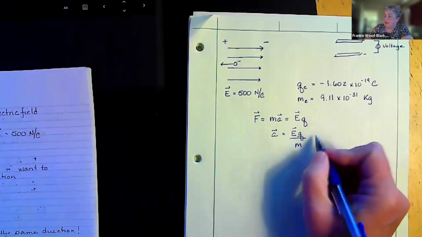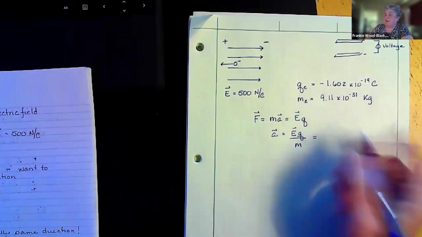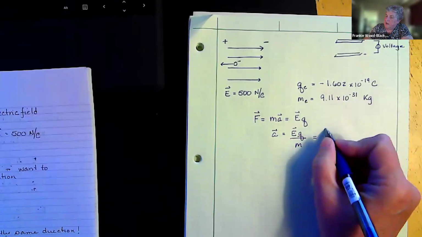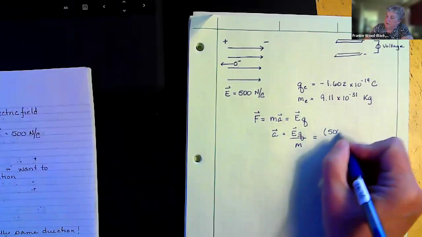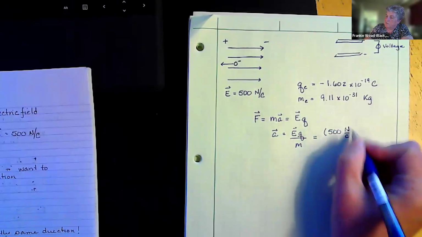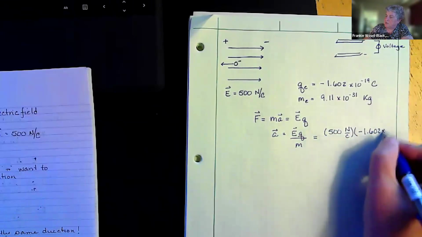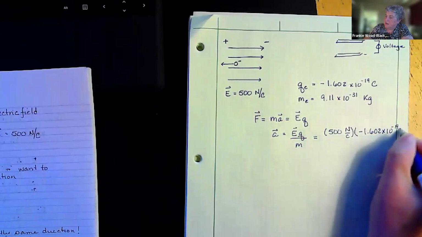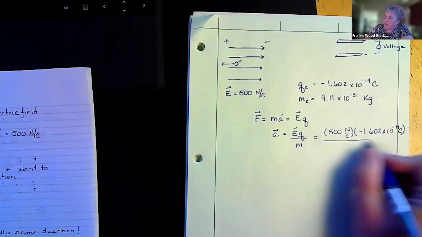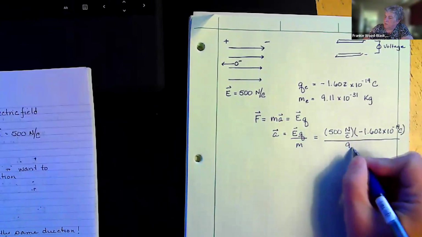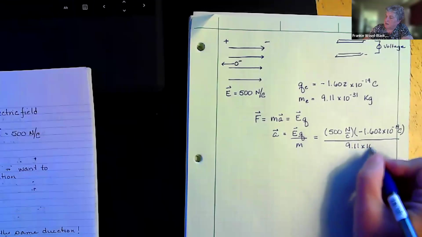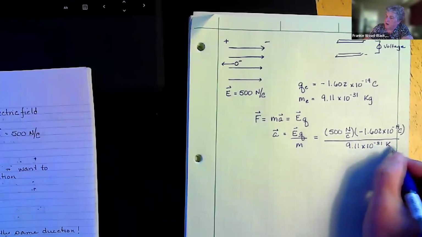And if we plug in, with our negative electron here, I've got my 500 newtons per coulomb times my negative 1.602 times 10 to the minus 19 coulombs, and I've got my mass, which is 9.11 times 10 to the minus 31 kilograms.